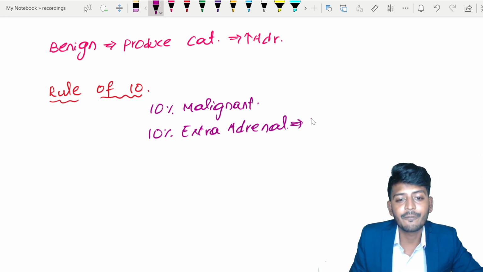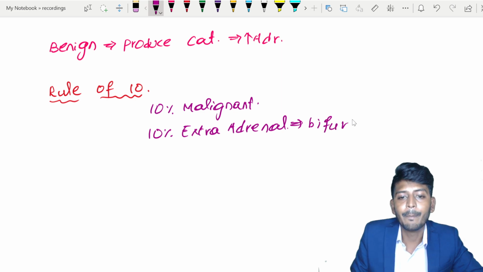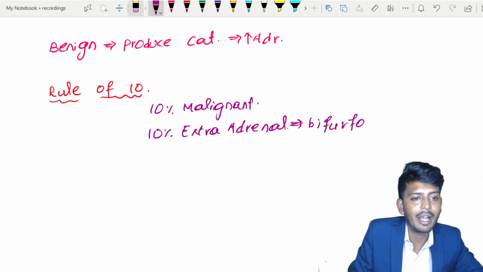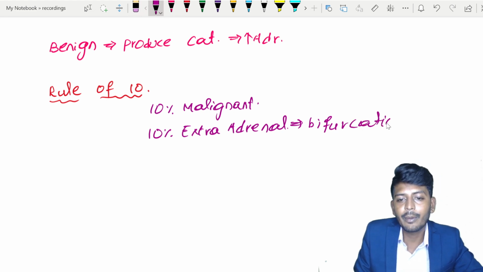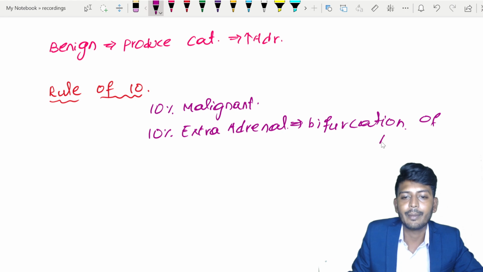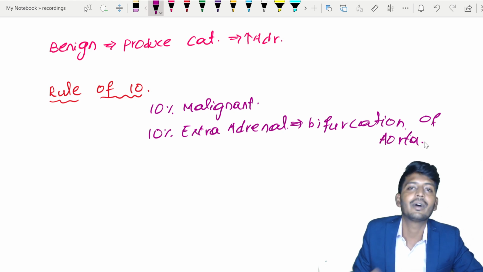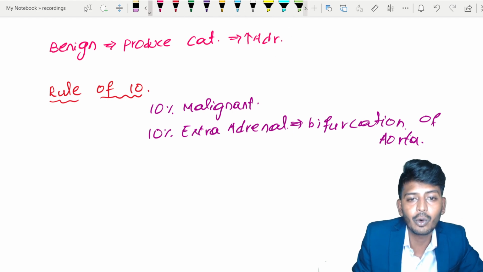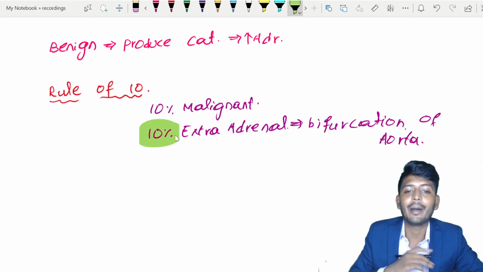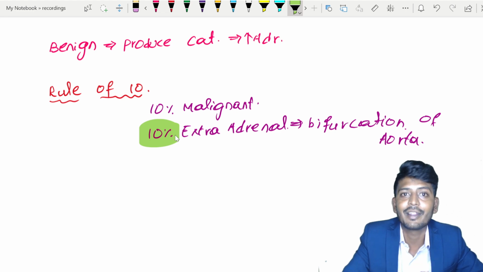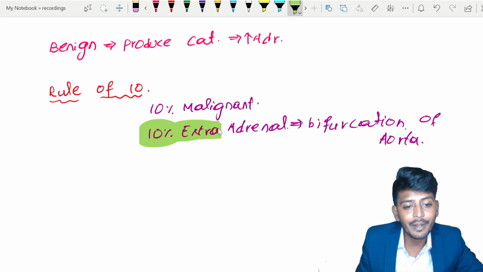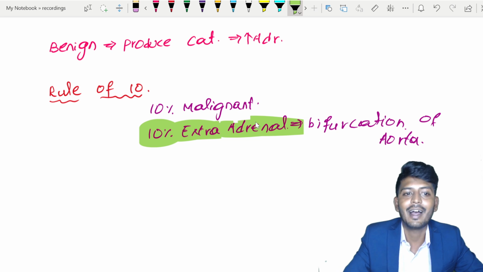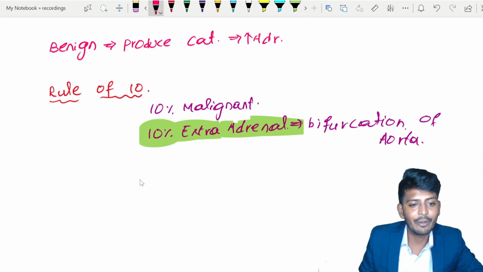At the bifurcation of the aorta. Only 10% of pheochromocytomas are extra-adrenal, so don't think that 10% of bifurcations will always have a tumor. It's the 10% of tumors that are extra-adrenal. And the next important point you can remember: 10% of them are found in children.